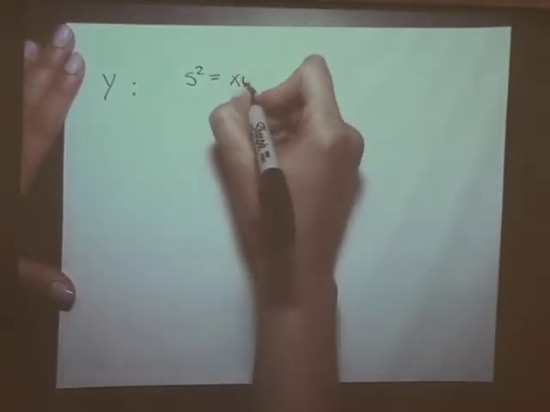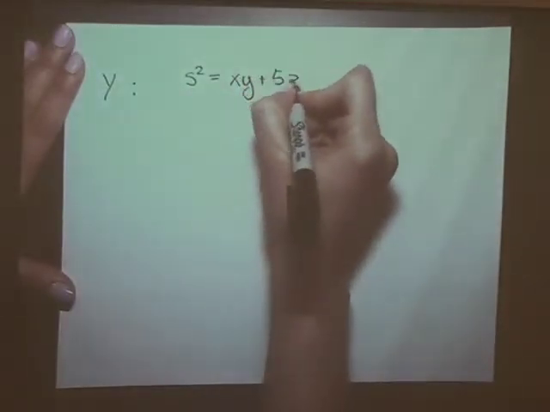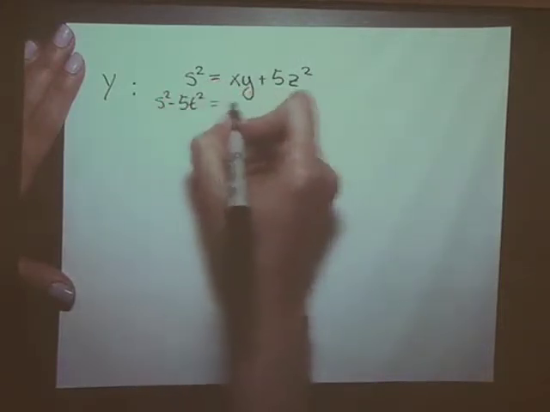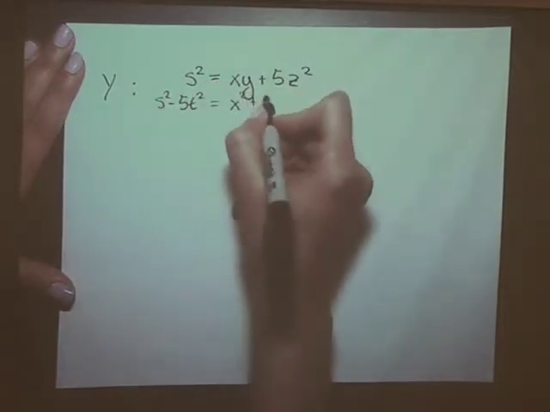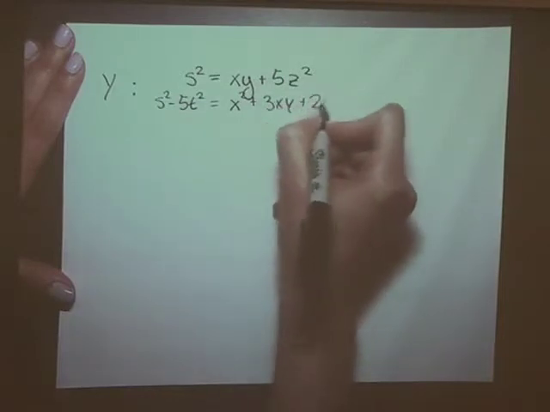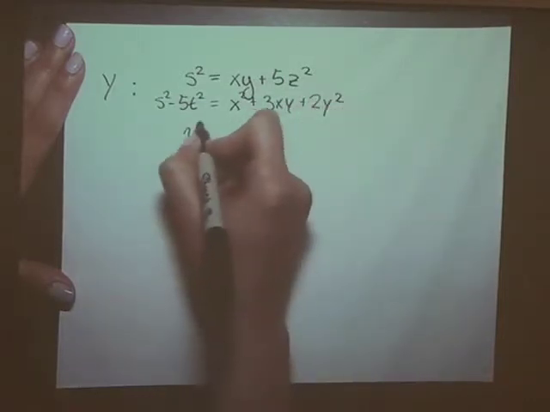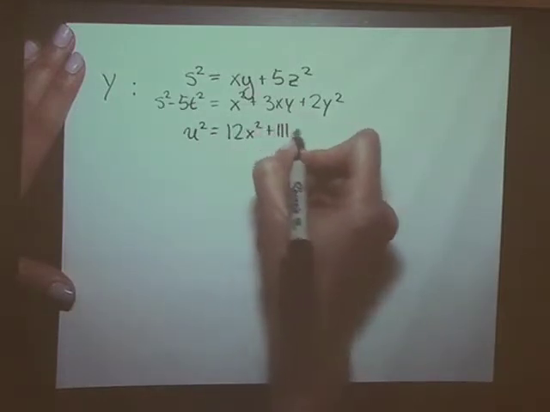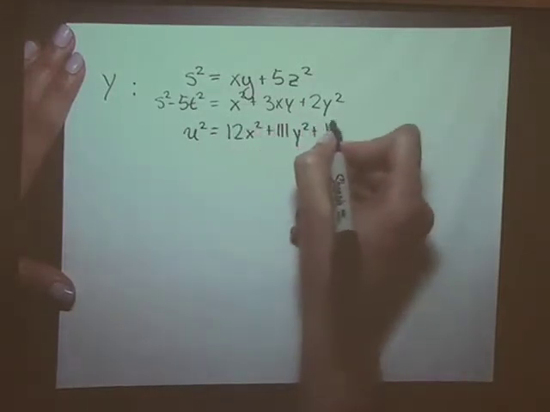So we're going to consider the intersection of three quadrics, s squared minus 5t squared, x squared plus 3xy plus 2y squared, and u squared equals 12x squared plus 111y squared plus 13z squared.